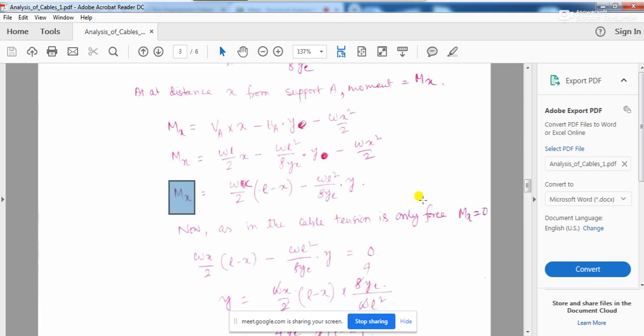So considering this Mx equal to 0, we will just make this equation equal to 0.